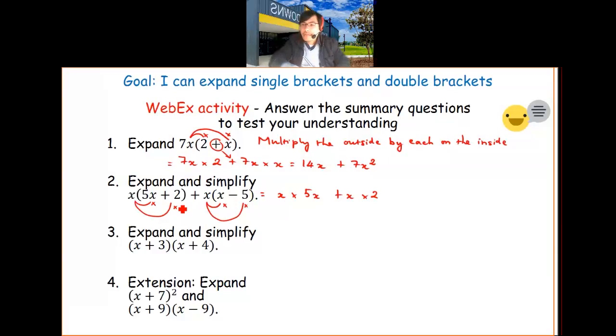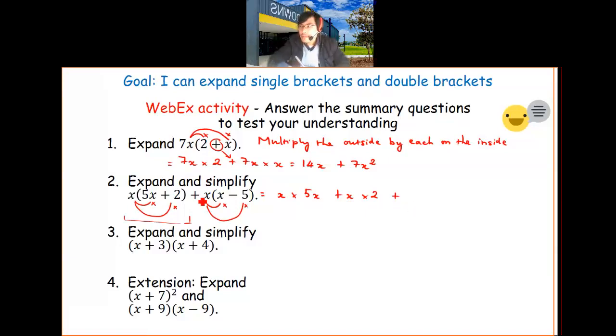This is correct for the first pair of brackets here. We multiply the outside by each thing in the inside. X multiplied by 5x plus x multiplied by 2. That's the first bracket. So well done there. And we just have to do the same thing for the second one.